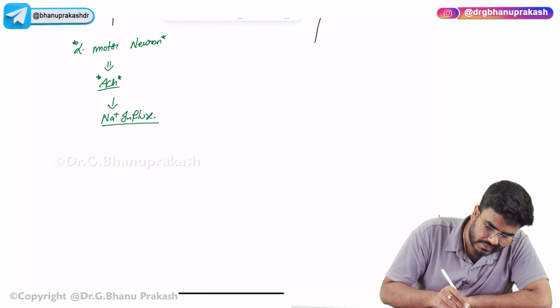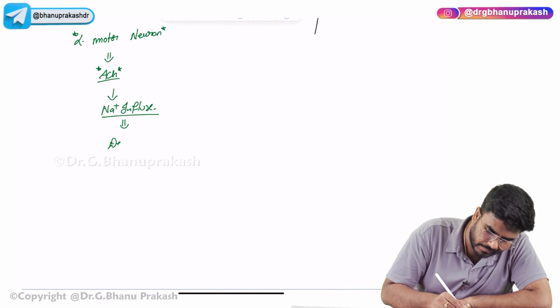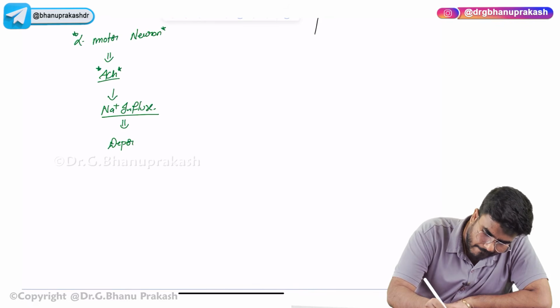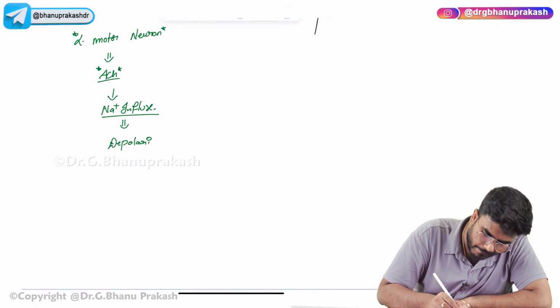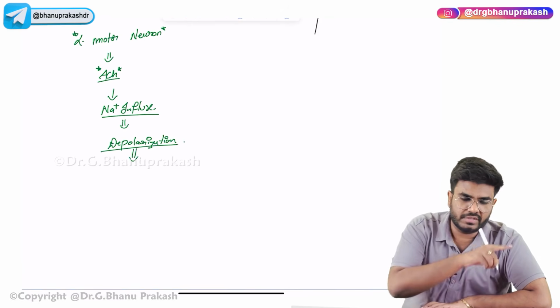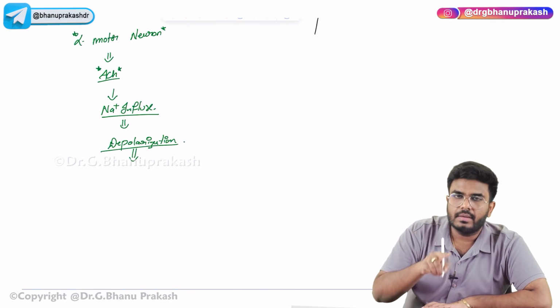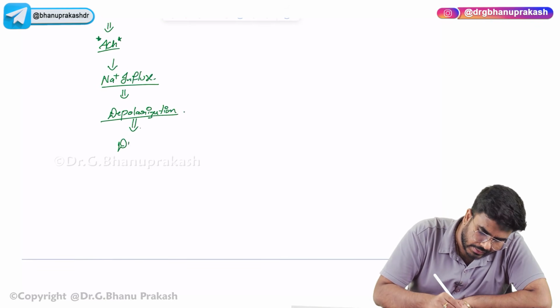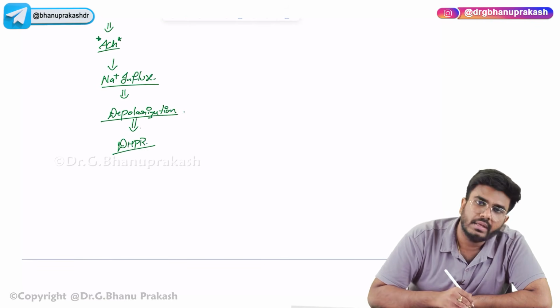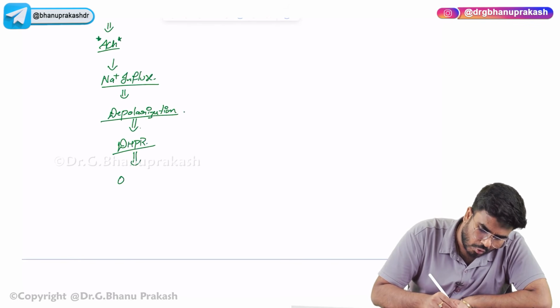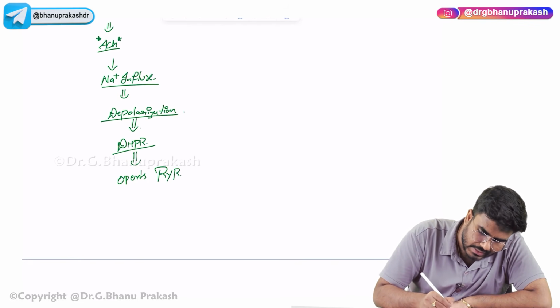Because of the sodium influx, there will be depolarization on the muscle membrane. Which channels are activated? DHPR channels are activated. The activated DHPR channel opens which channels? RYR channels. This is called electromechanical coupling.